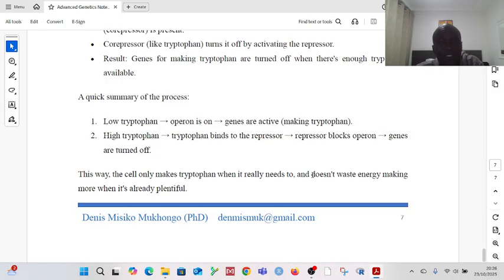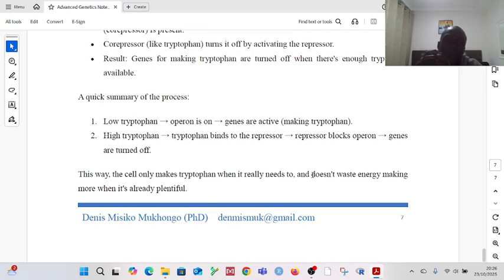Once the tryptophan repressor complex is formed, it goes and binds to the operator. By attaching itself to the operator, it blocks the RNA polymerase from transcribing the genes within the operon. The result is that those genes are switched off. Okay?